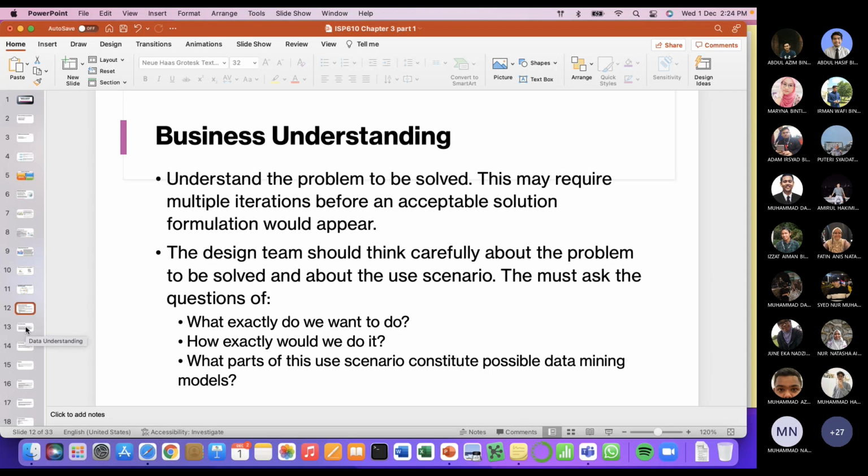So kalau you buat FYP, this is the first and the most important phase. Kalau tak faham problem, that's why during presentation, your FYP lecturers always said, oh, you need to make sure that the problem is clear, the objective is clear. It's because of this one lah.